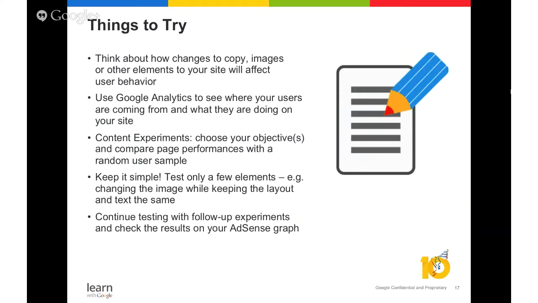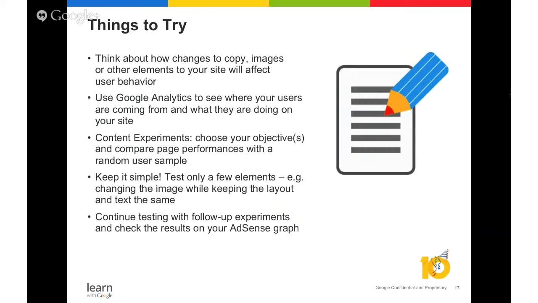So I just wanted to go through some other ideas to try, some of which I've touched on, some of which I haven't. When you're thinking about what changes to make to your site, the first thing is know what you're testing for. Know what it is that you want users to do, and then try changing the copy or the images or the elements to affect overall behavior.